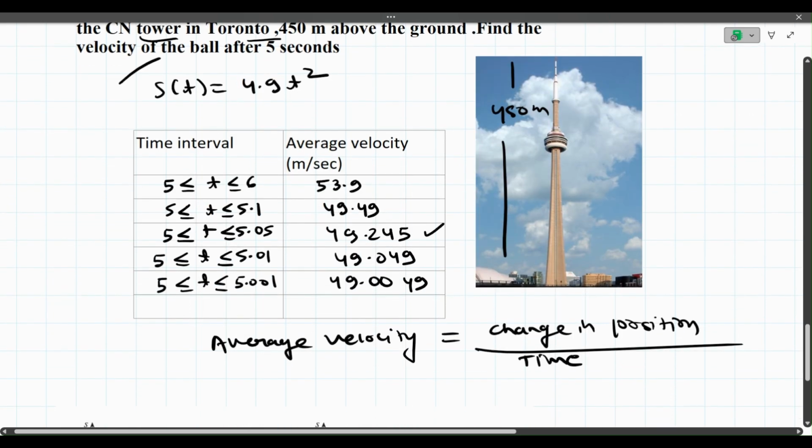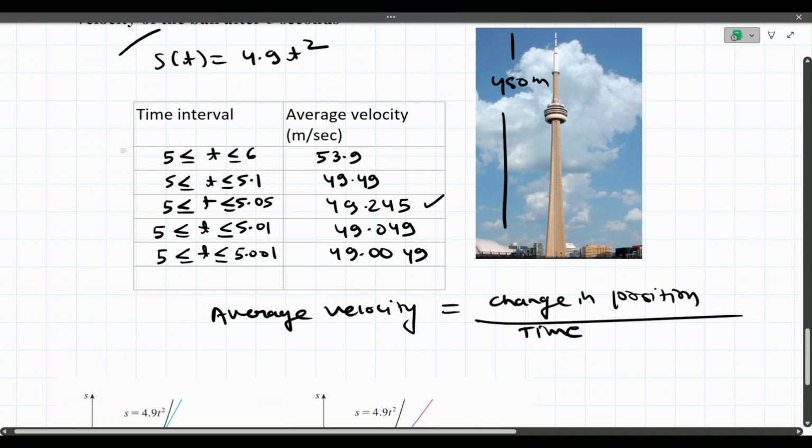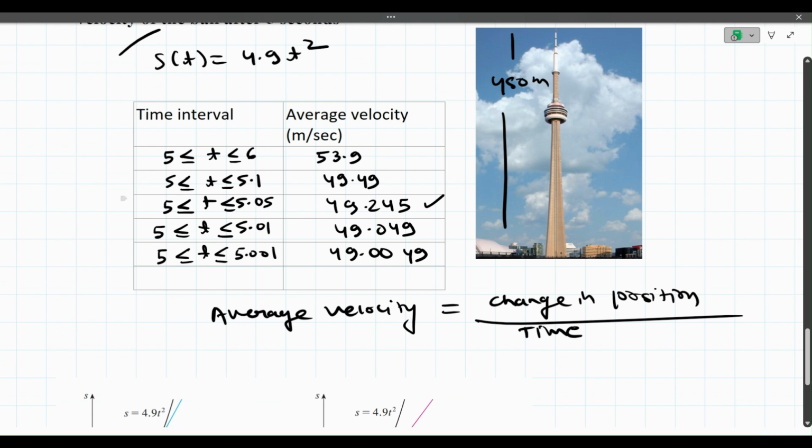Here, when we make a table, what we are doing is making the time interval smaller and smaller. You can see that the first time interval is between 5 and 6 seconds. The second one is between 5 and 5.1. The third one is 5 to 5.05. Then 5 to 5.01.